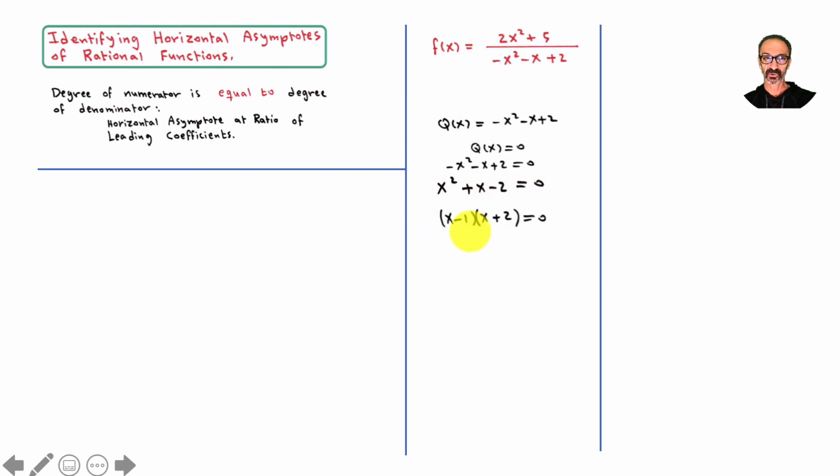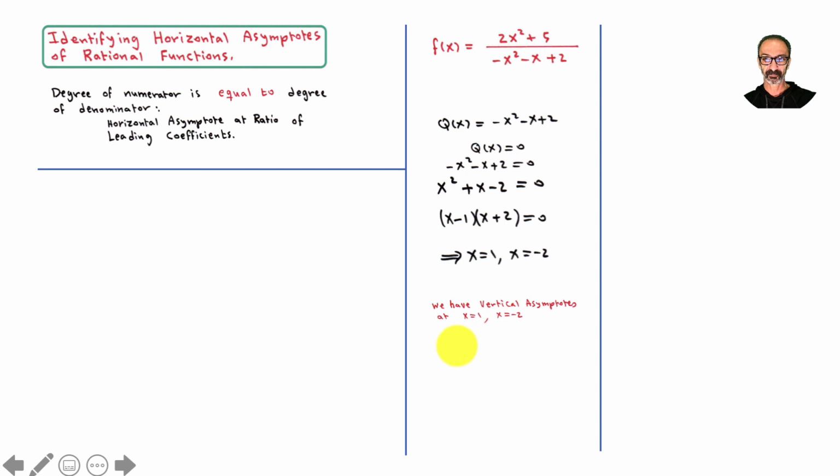Factor it, I get two zeros, 1 and negative 2. So we have vertical asymptotes because the top part does not give me a factor to cancel these. Remember the color green that I used for a hole or removable discontinuity? I don't have it here. So I have vertical asymptotes at x equals 1 and x equals negative 2.